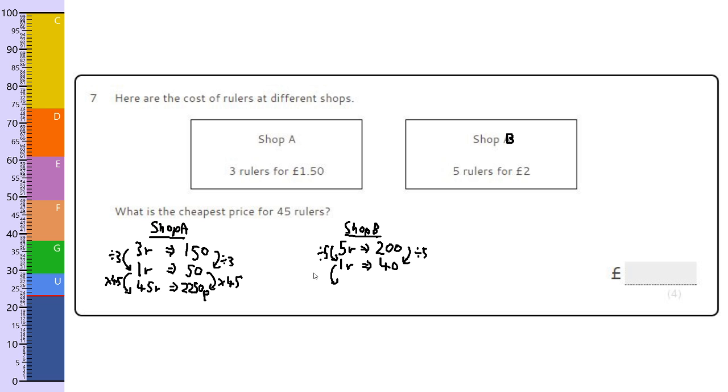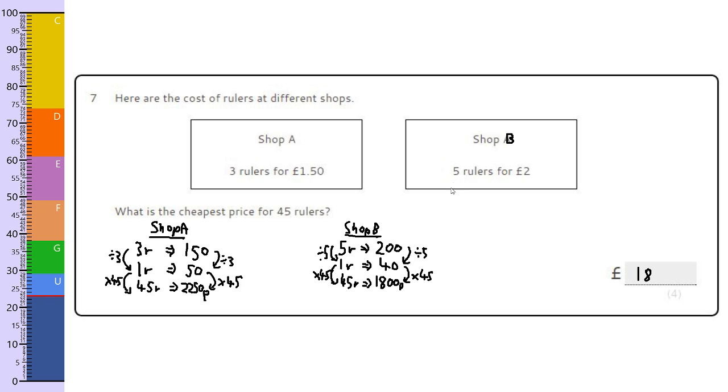And then again, we're going to times it by 45. So 40 times 45 is 1,800 pence. So what is the cheapest price for 45 rulers? Well, this is £22.50 and this is £18, so it's going to be £18.